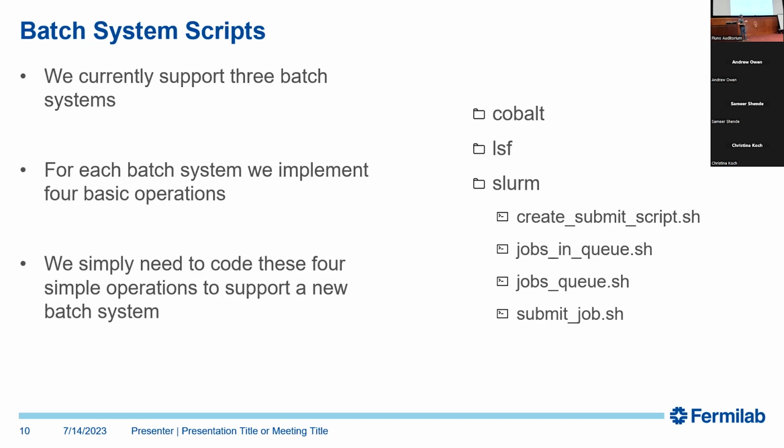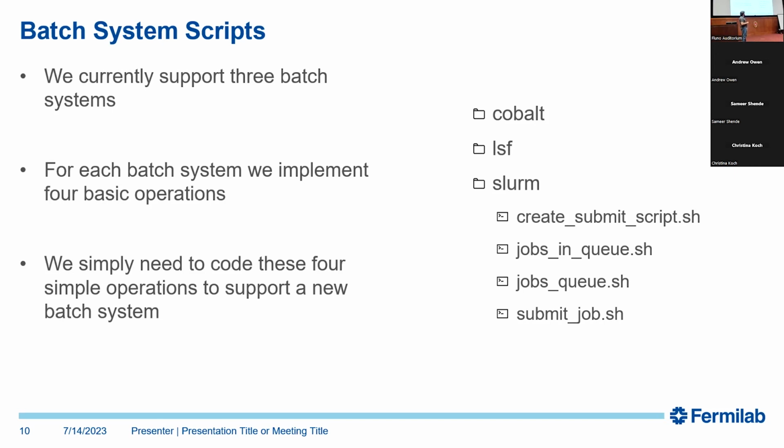So let's start talking about these batch system scripts that we have. Right now we support 3 batch systems, which are Cobalt, OLCF, and Slurm. And there are really only 4 operations that we need to run these scripts. So we need something that creates a submit script file.